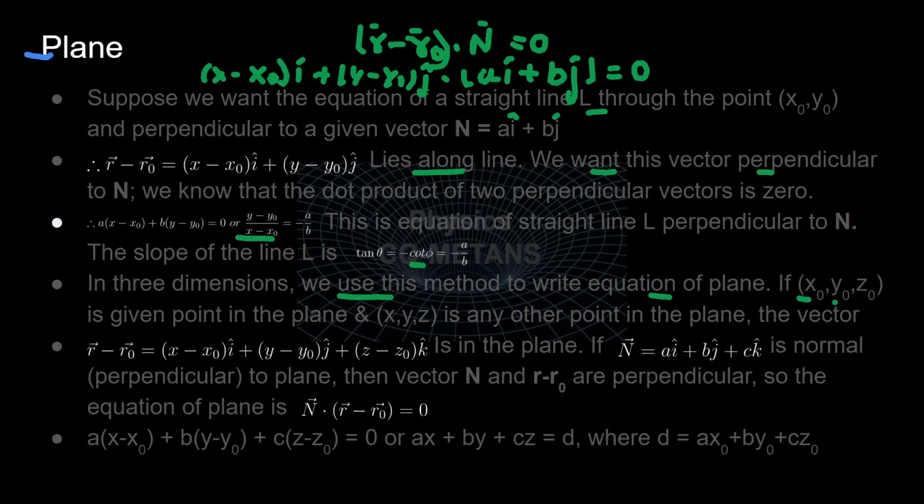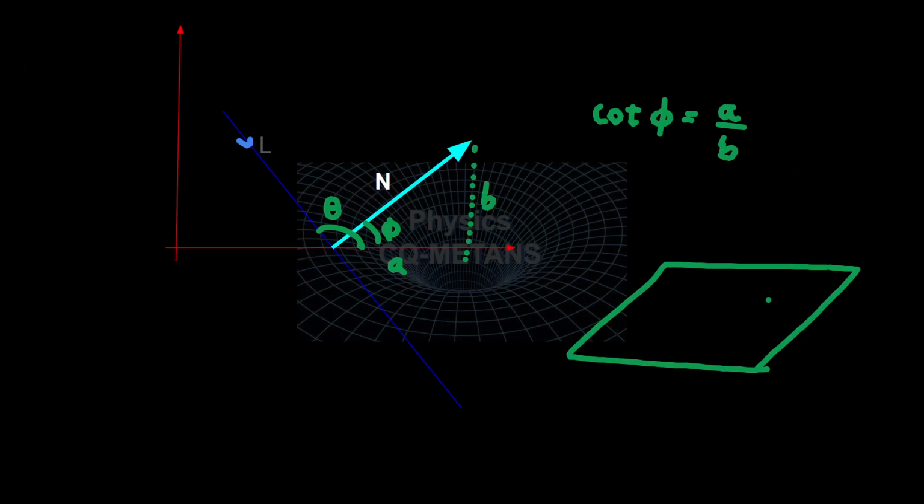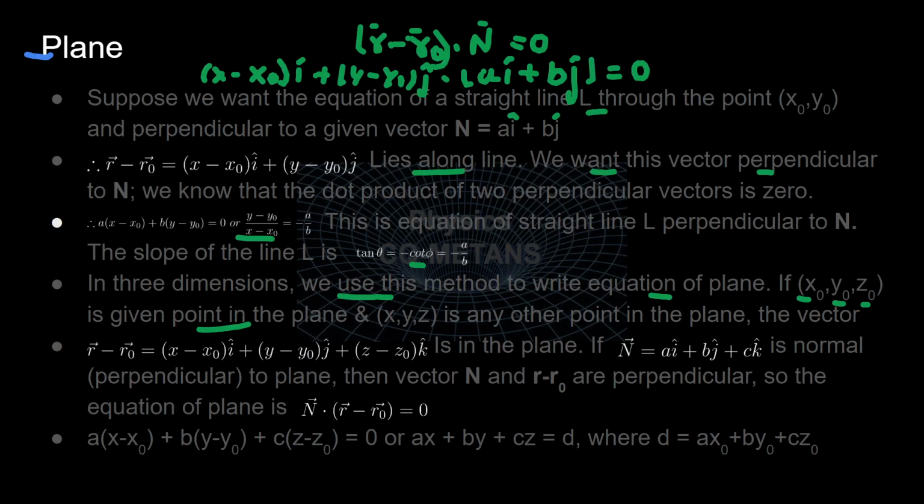Now if x naught, y naught, z naught is a given point in a plane, and this plane is in the xyz coordinate system, say I have this point which is defined as x naught, y naught, z naught. So this point is on the plane.